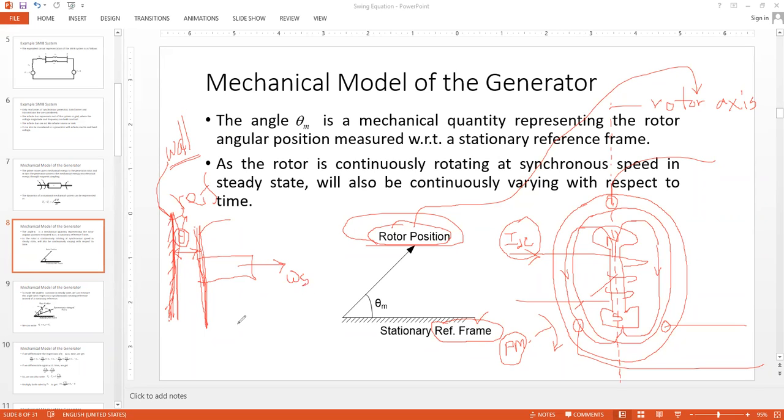As time increases, what would happen to this theta? Theta will also increase.